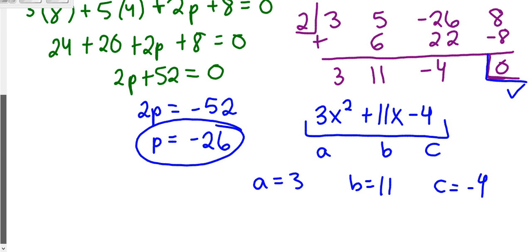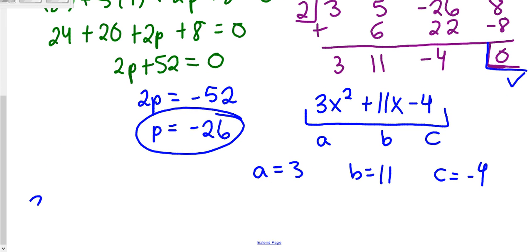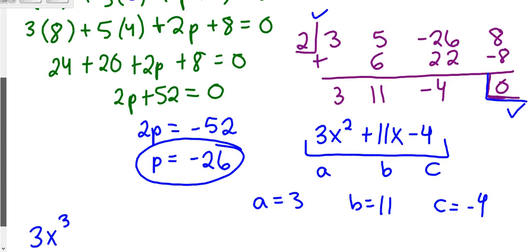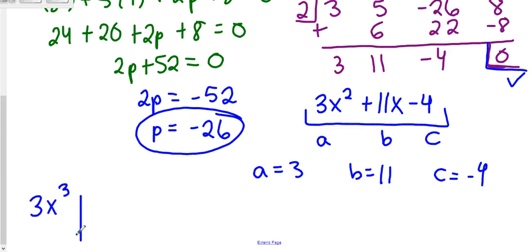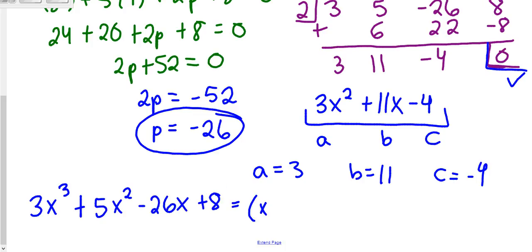So we know that our original equation, 3x cubed plus 5x squared minus 26x plus 8, is going to be x minus 2 as our first factor.